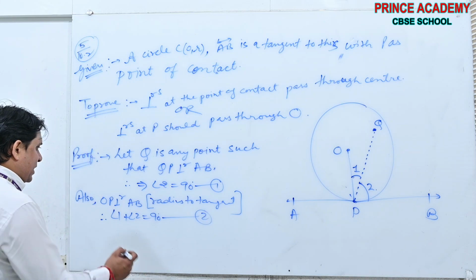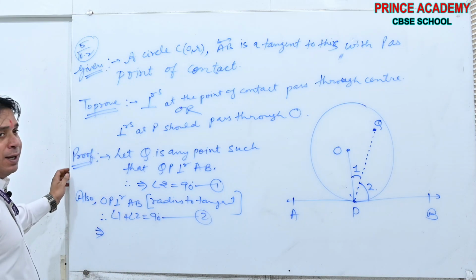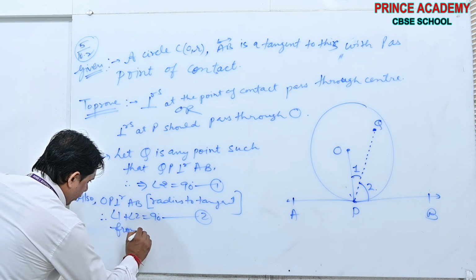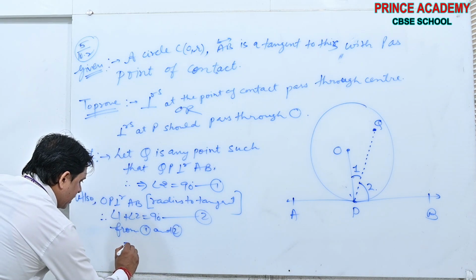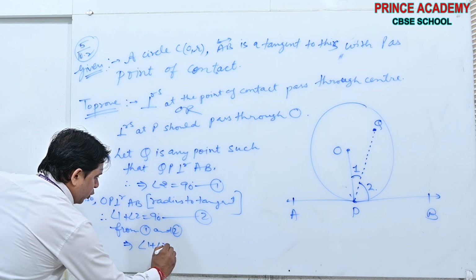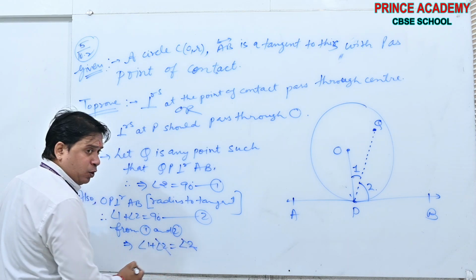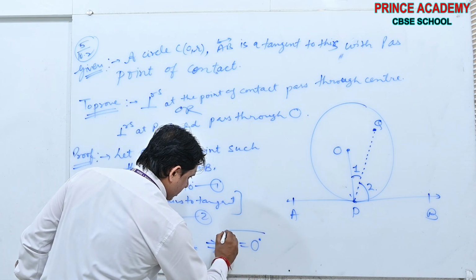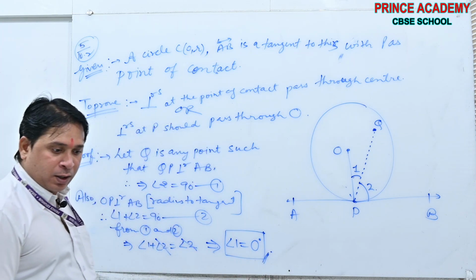Now if you observe, can I write from 1 and 2, what will you get? You will get angle 1 plus 2 is equal to angle 2. Okay, therefore 2 will cancel 2. This implies that angle 1 is 0 degrees. Yes or no? Angle 1 is 0.